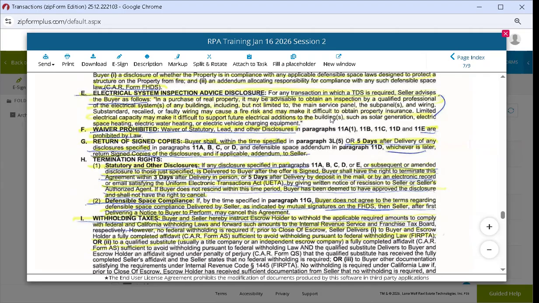Is that something new? I don't know how new it is, but I know that every time they make changes, they add things to protect us. I don't remember anybody doing an electrical inspection except for the regular home inspection. Well, you don't really bring an electrician initially. You're going to do your home inspection, right?